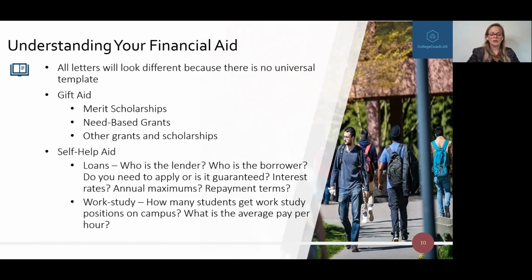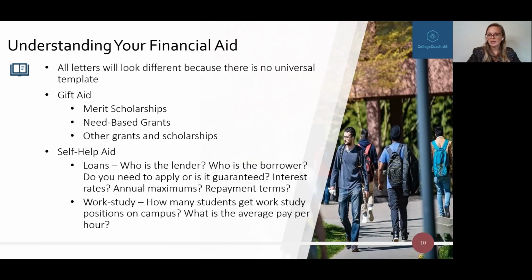And so some of the questions that you might want to ask if you see a work study on the award letter is, how many students actually get to work on campus? Because they can give you this money, but if the job is 1 in a million and you can't get a job, then that money means nothing. You can't get it until you have a job.